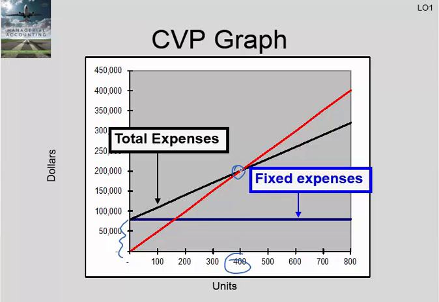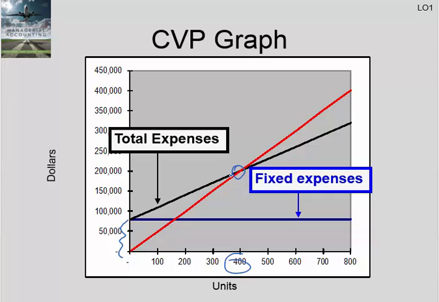Well, as we approach that point, you'll see then that the total expense line crosses the revenue line, and that would make sense graphically because that would mean that the revenue is equal to expenses, and therefore net income is 0. So we're essentially breaking even right at that point.